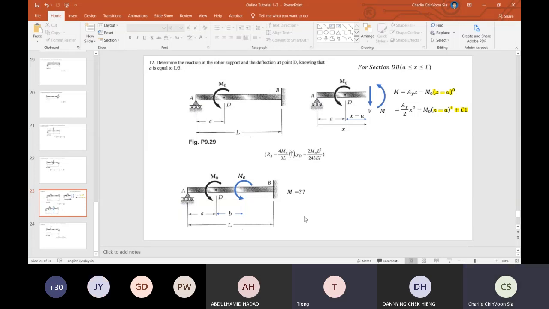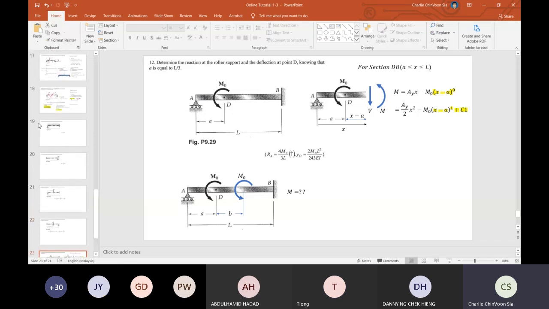Any question regarding the singularity function or bisection method? Singularity function method, is it okay? Any question? No, right?